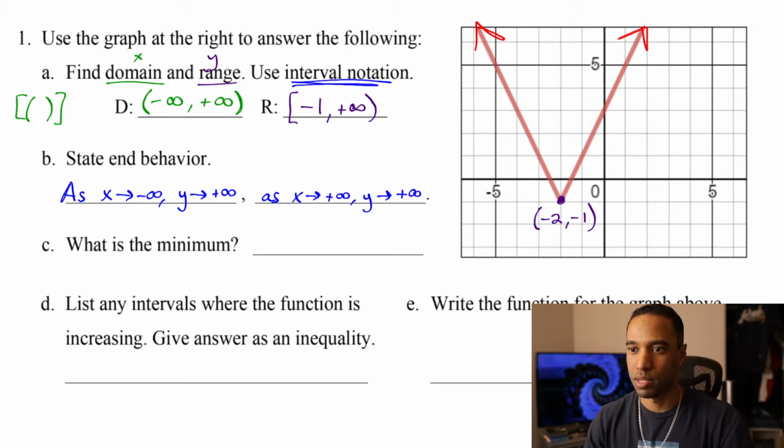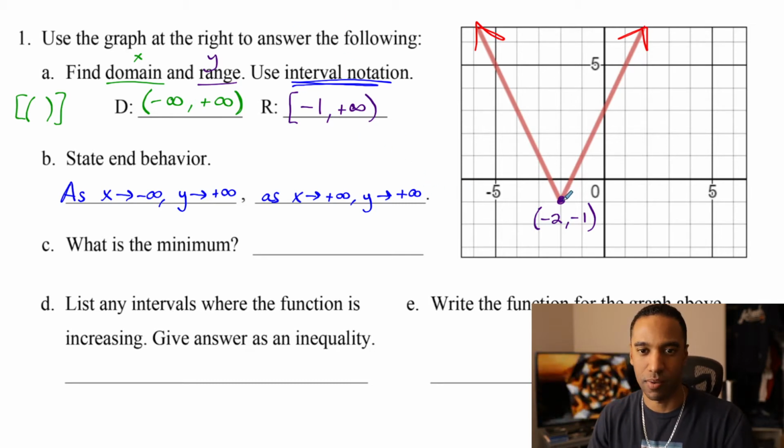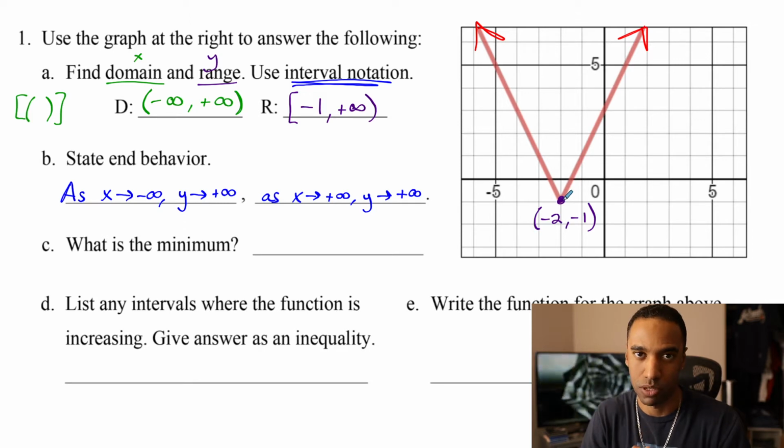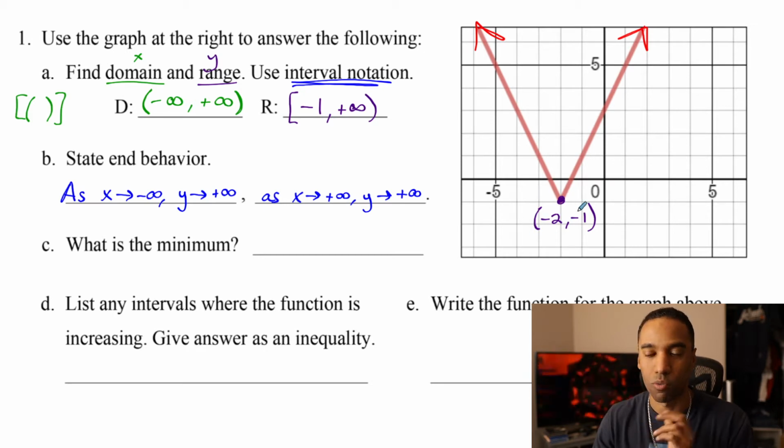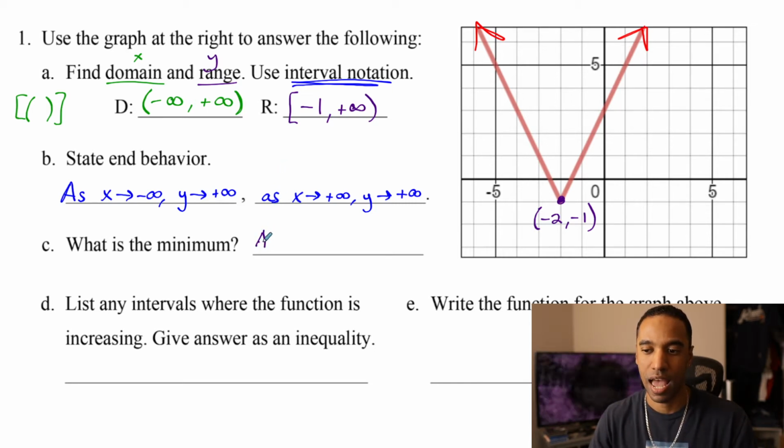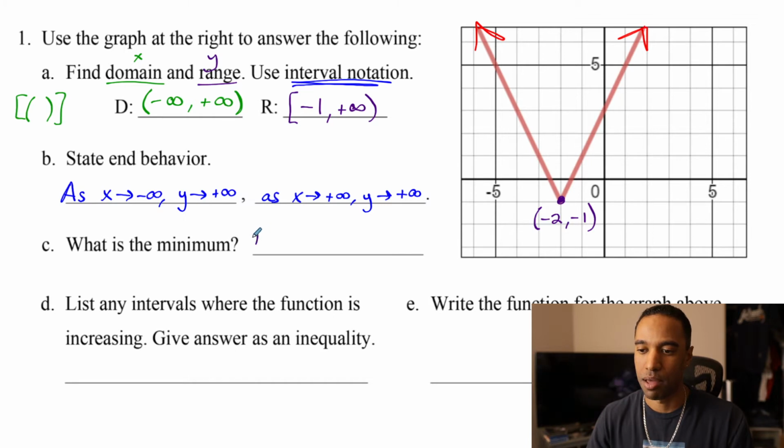Okay, next question is, what is the minimum? Now this goes back to that vertex thing right here. Minimum means the lowest value. Okay, the lowest value. And they are not just asking for the coordinate pair, really. Technically, they want the y value here. I can say, this is extra information, but I'll say the minimum of -1, now that's the answer, occurs at x equals -2.